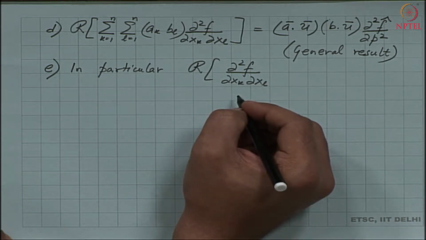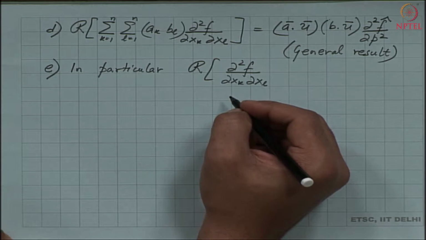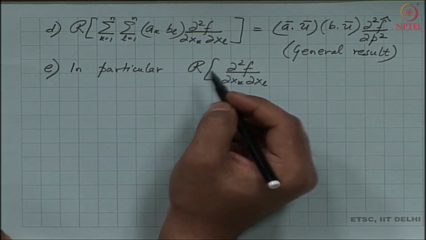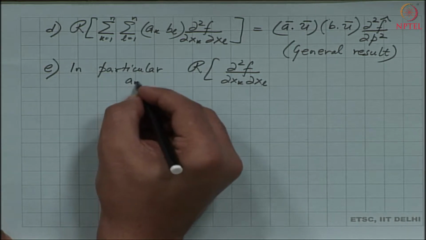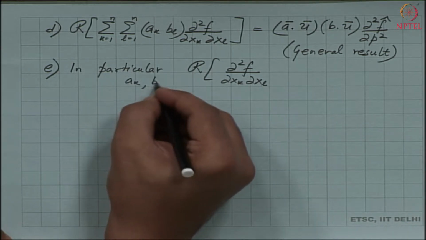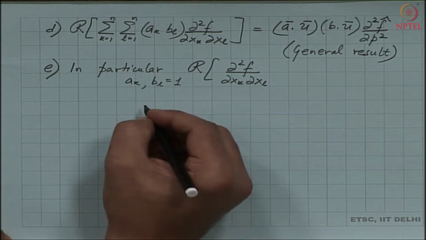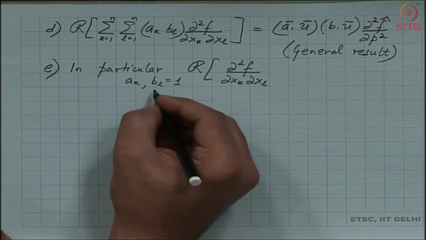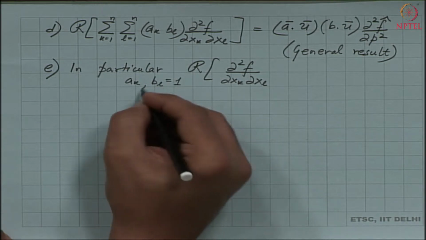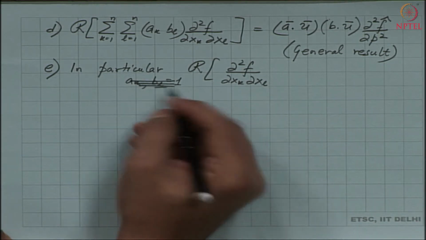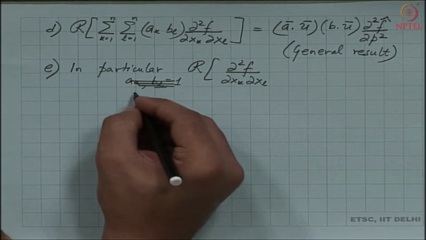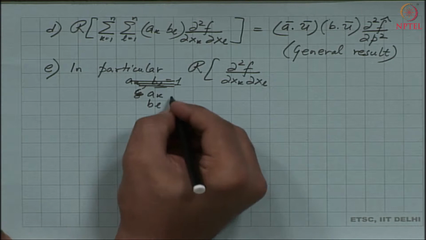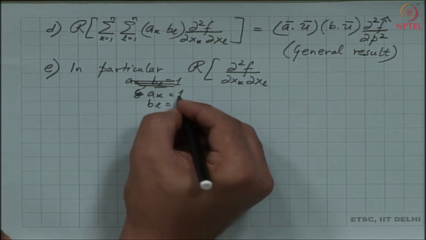So, let us say my a and b, these coefficients are all 1. So, in particular, my a k and my b l are all 1, of course.